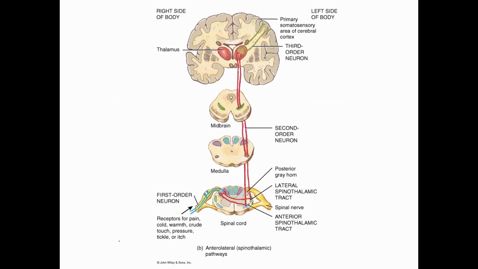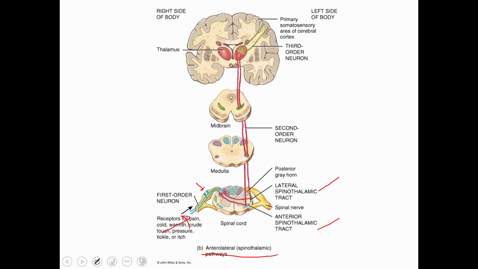Alrighty. So here's the other pathway: anterior lateral spinothalamic. That's a less discriminating pathway. The dermatomes are not as organized. And we have a lateral pathway and an anterior spinothalamic pathway. So there's our receptors coming in from the body.